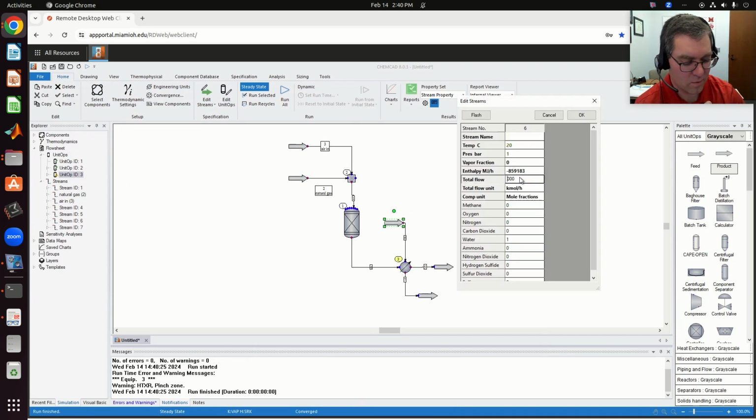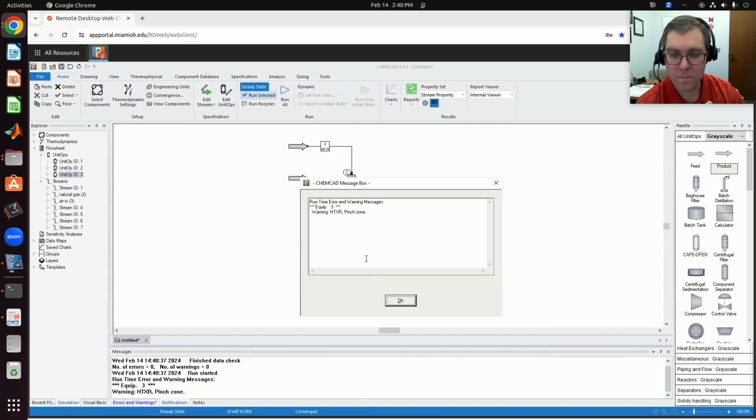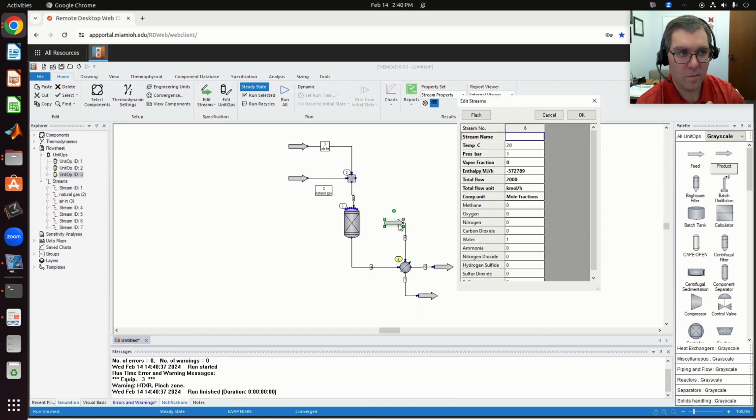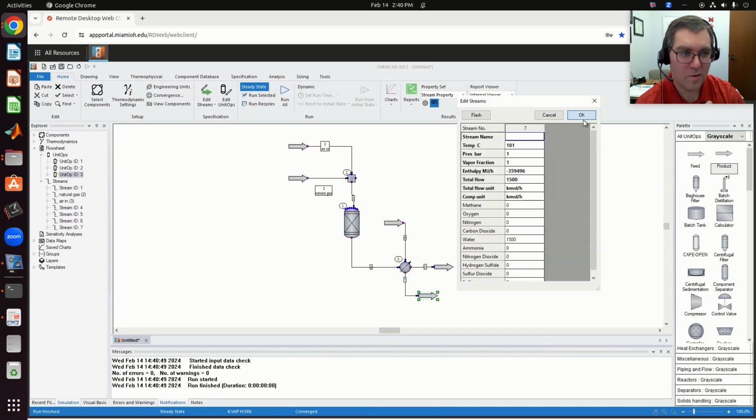So 3000 is too much, 2000. Hold on, 1000 worked. But bam, 1500 works, and my exit gas is almost 100 degrees C.